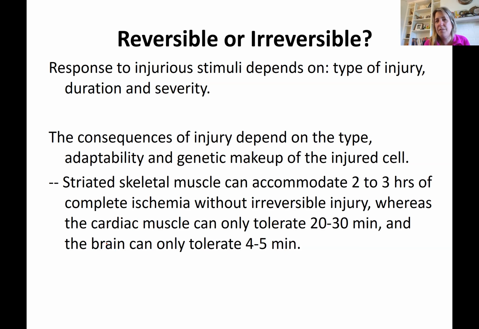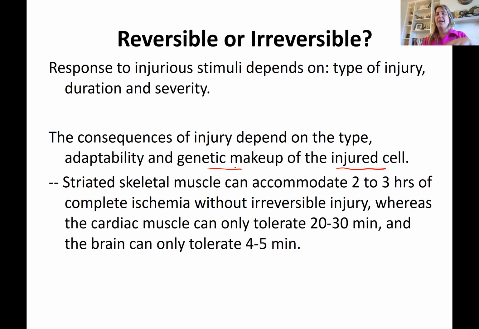The consequences of this injury are going to depend also on the type of the injured cell. So what is it made of? For example, striated skeletal muscle, the muscles of the body, of locomotion, can accommodate 2 to 3 hours of complete ischemia without irreversible injury.